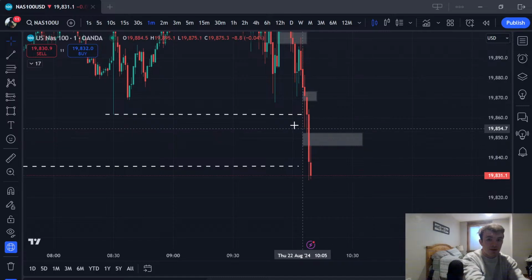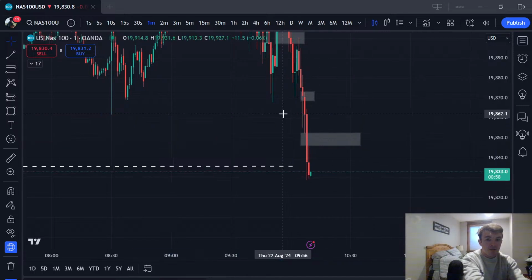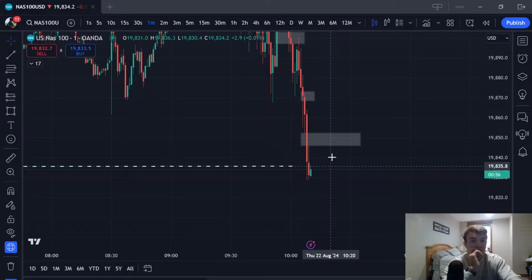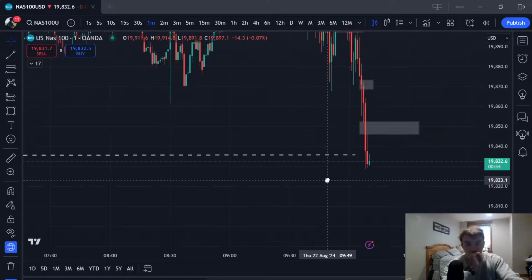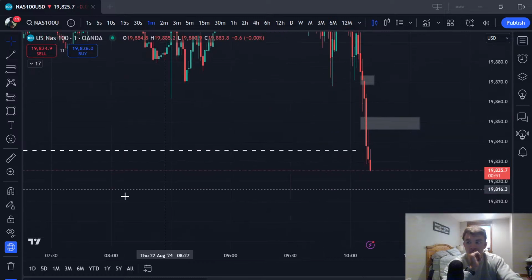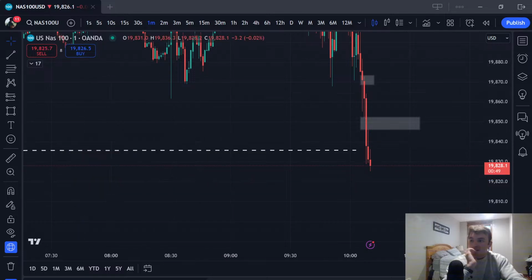There we go. Okay. So now we just need a candle body close above and we're good. Let's check for SMTs.